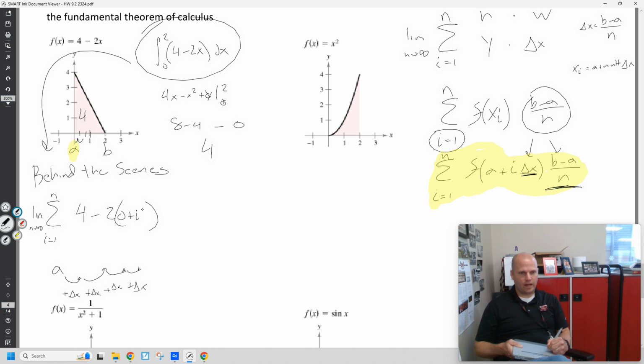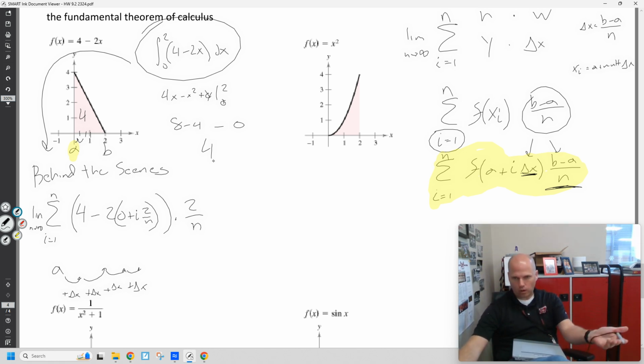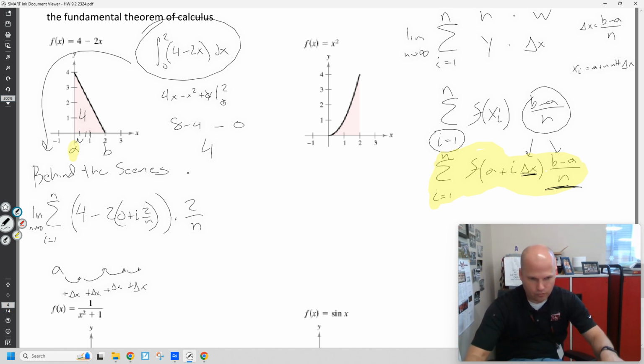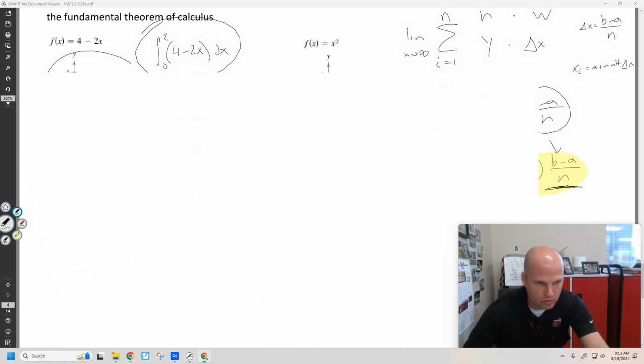So that's 2 over n. Those are my heights times my width. You can plug this into your calculator, into Desmos, and you can see how if you make n large, you're going to get closer and closer to the actual value 4. I'm just going to show you that.